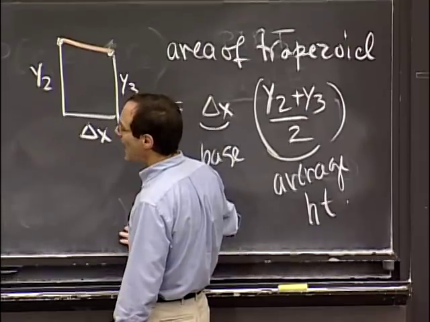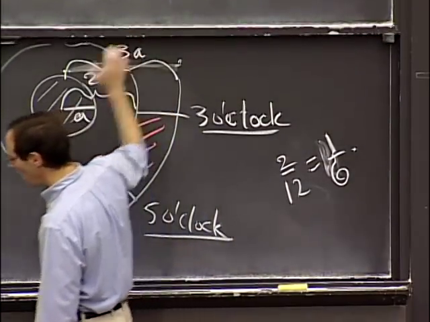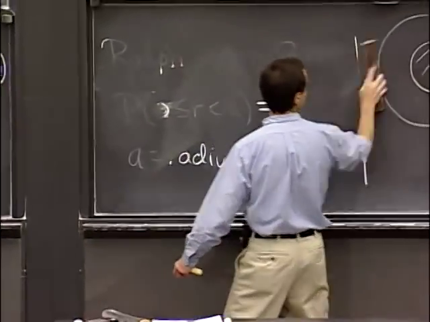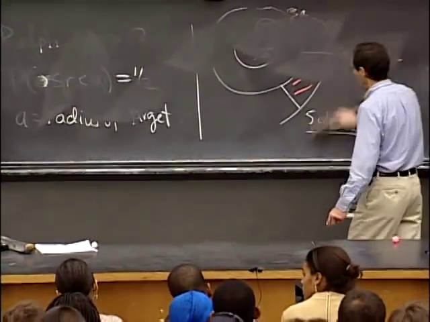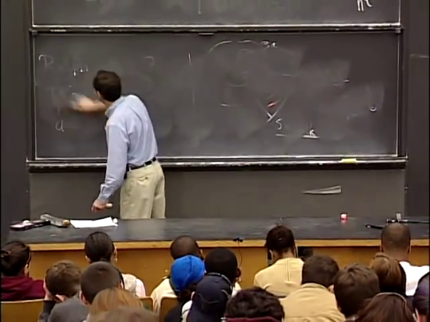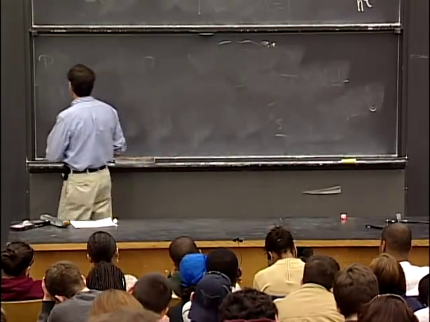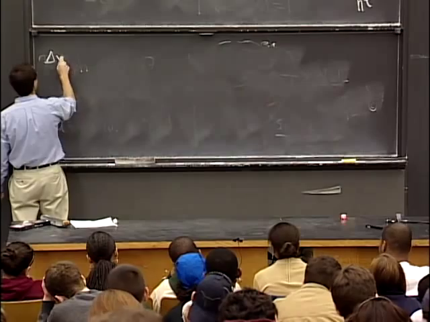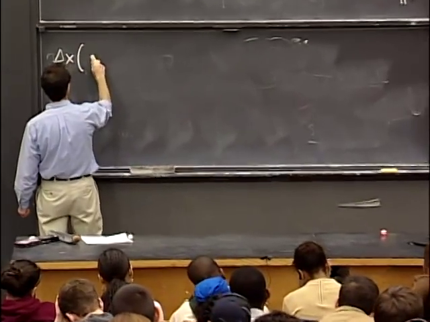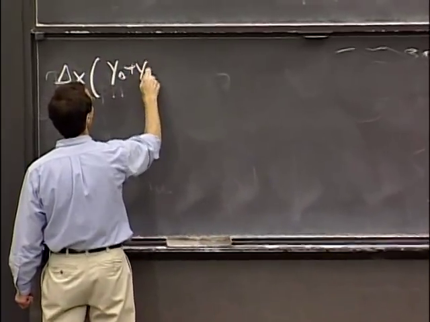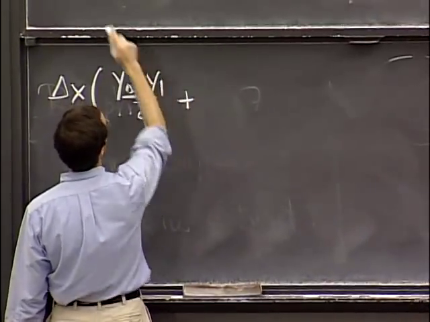And now I want to add them all up to get my formula for the trapezoidal rule. So what do I have? I have delta x times the first one, which is y0 plus y1 over 2. That's the first trapezoid.